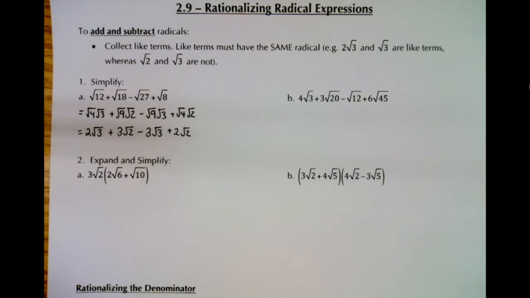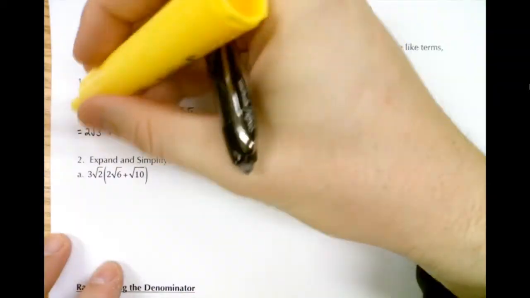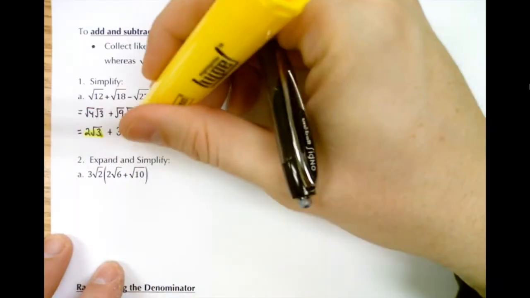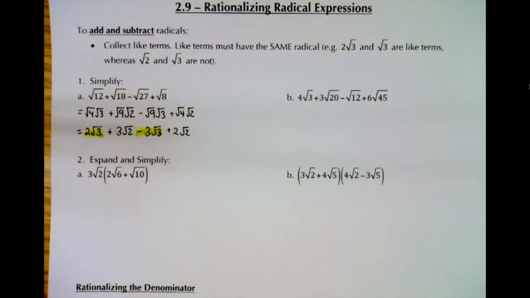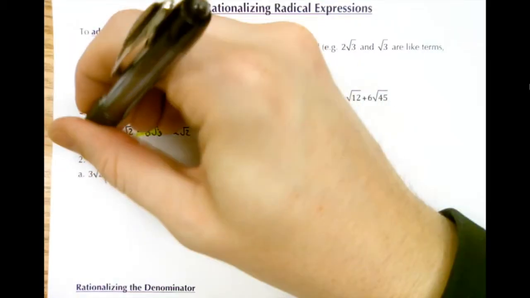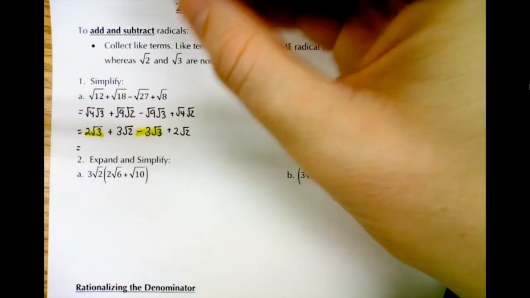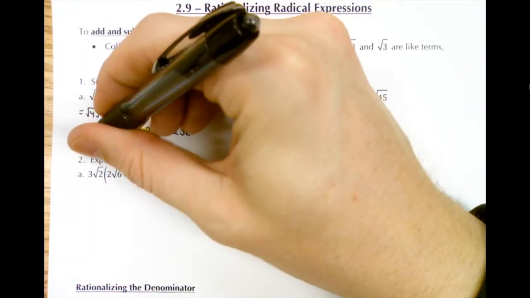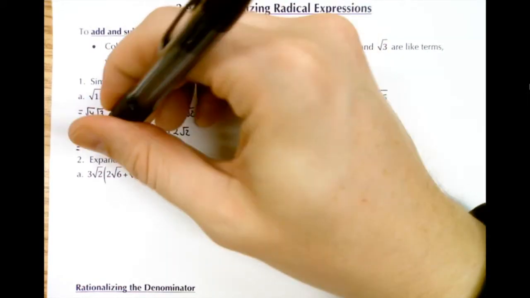And now we have a couple like terms. I'm going to highlight my first pair. 2 root 3 and minus 3 root 3 are like terms because they have the same root. So the way we put them together is we add or subtract the coefficients. 2 minus 3 is negative 1 root 3.